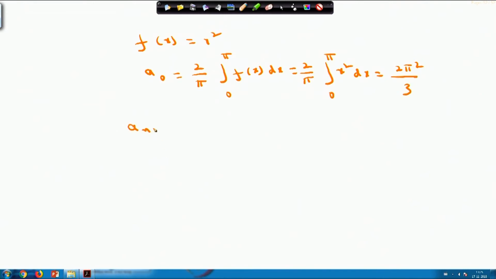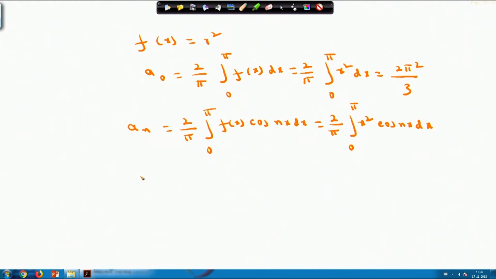And a n similarly is 2 by pi, the range is 0 to pi, so we are writing integral 0 to pi f x into cos n x dx. Again 2 by pi integral 0 to pi, your f x is x square, so x square into cos n x dx.